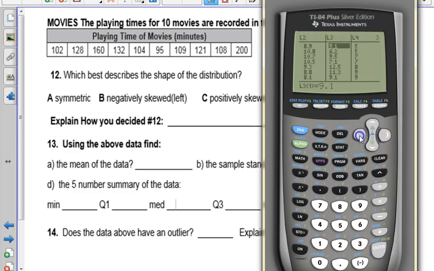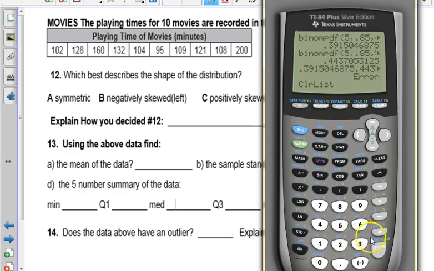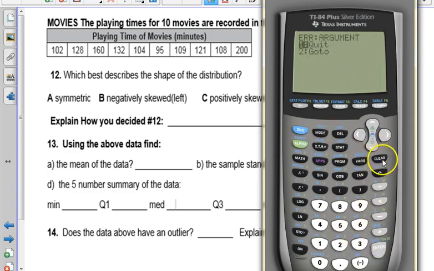So stat enter. I'm going to clear out all my lists at once. Oh, just kidding.